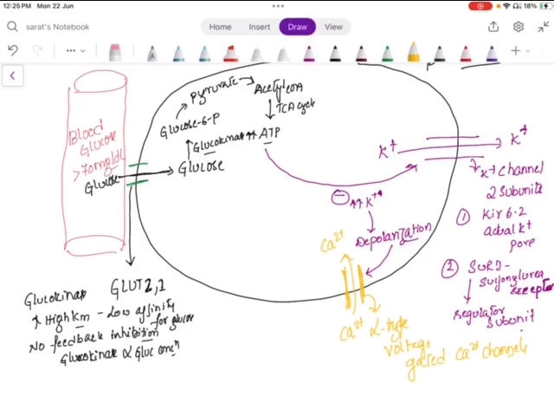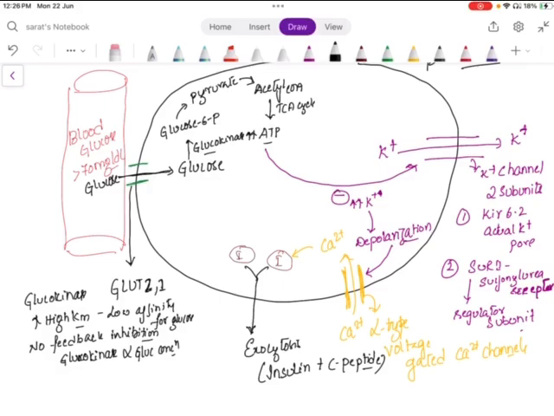Insulin is stored inside the granules. Now, this calcium will act on these granules and cause exocytosis. This exocytosis will release insulin. Along with the insulin, C-peptide will be released. Now, this is the main pathway of insulin release.